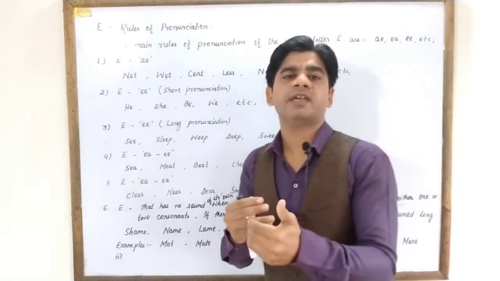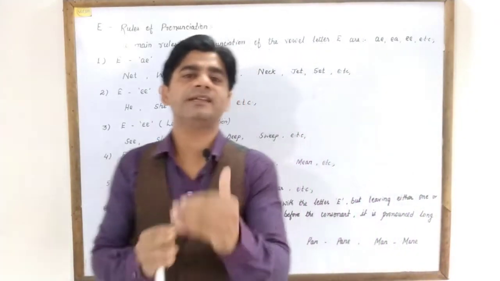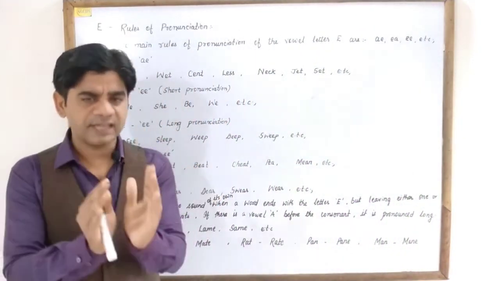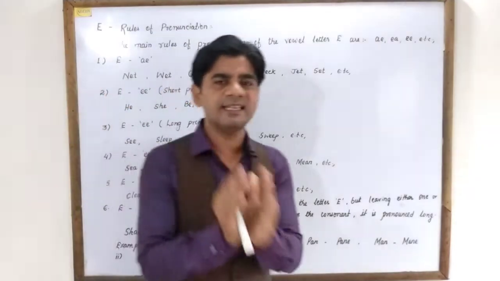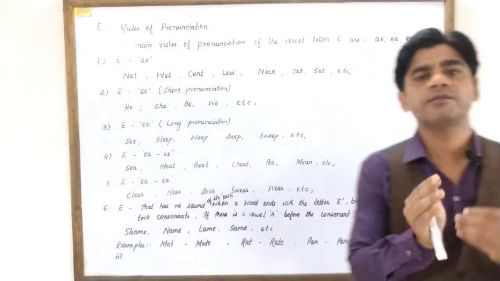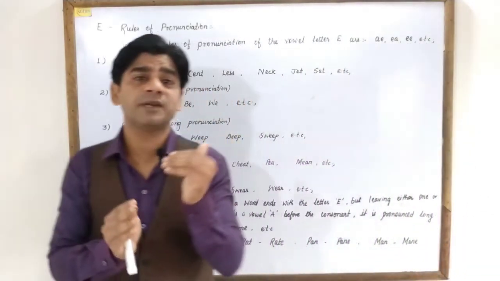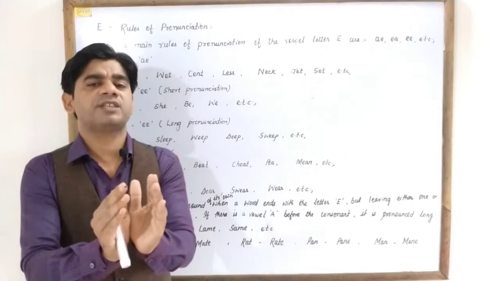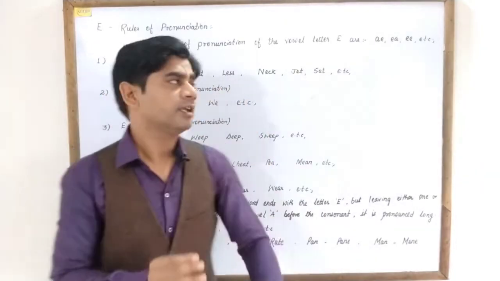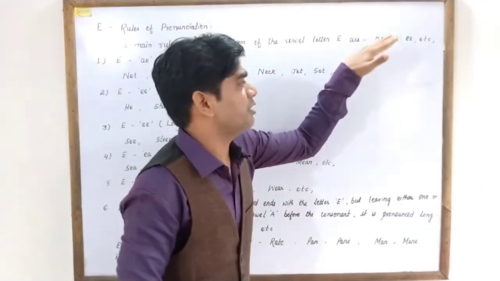Now the next topic we have is the letter E and its rules of pronunciation. As we have seen, there are some words that contain letter E and it produces different sounds in different situations. So what are those different sounds that letter E produces? So these are the different sounds that letter E produces.